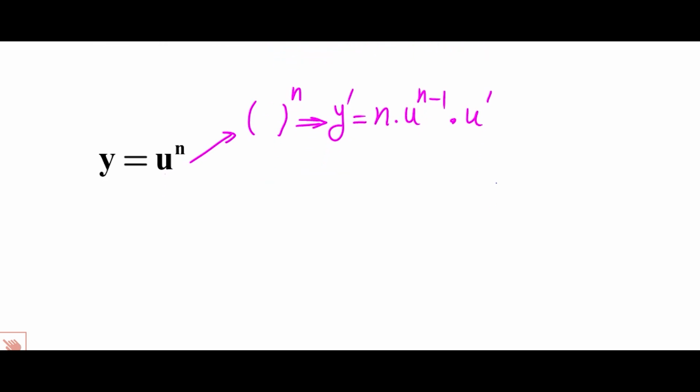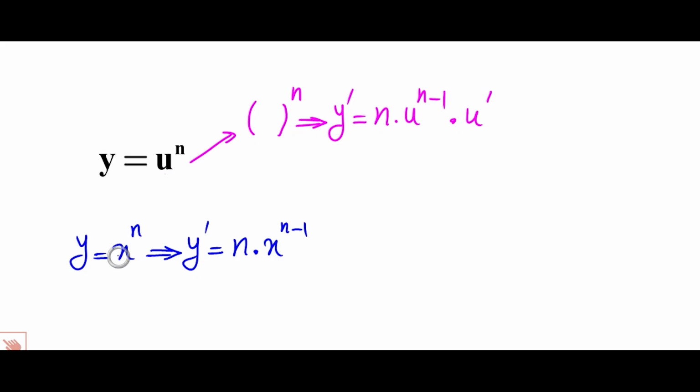For example, if y is equal to x to the nth power, so y prime is equal to, first bring the exponent down, n times, subtract 1 from the exponent, x to the power of n minus 1, and then multiply by the derivative of the inside function.